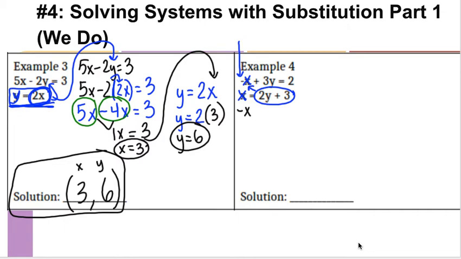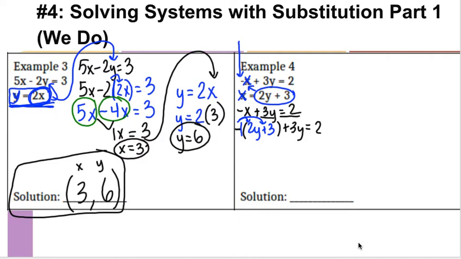So it's negative x plus 3y equals 2. Now watch this. I'm going to write negative, but then I'm going to write a set of parentheses to be able to plug in the 2y plus 3, plus 3y, just copying down what I see up here, equals 2. Continued copying. Okay? Now this negative in front of the parentheses is like a negative 1, so I need to multiply negative 1 into the parentheses.